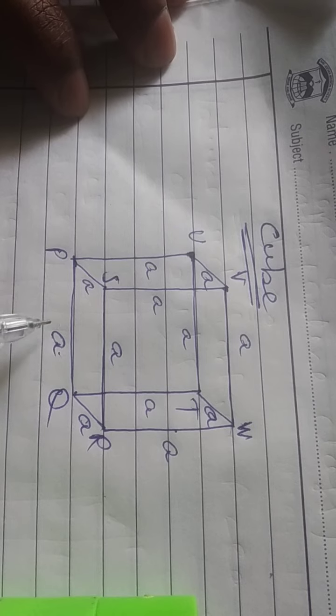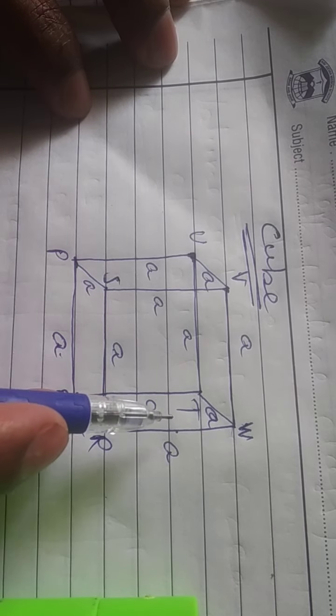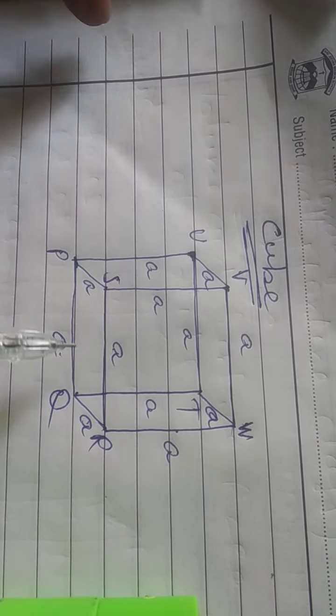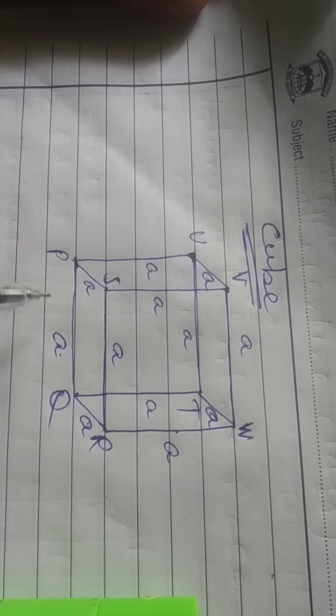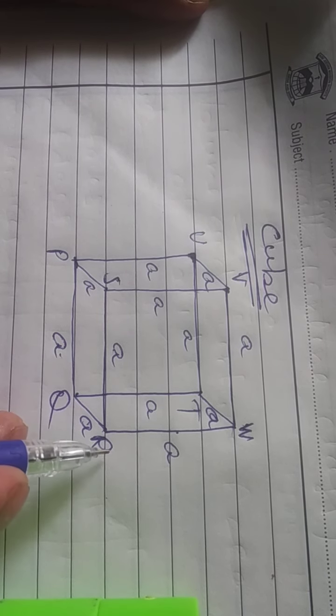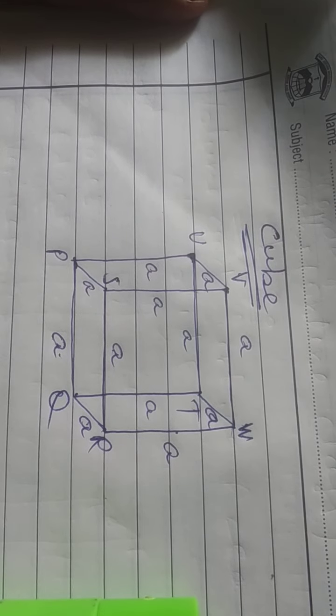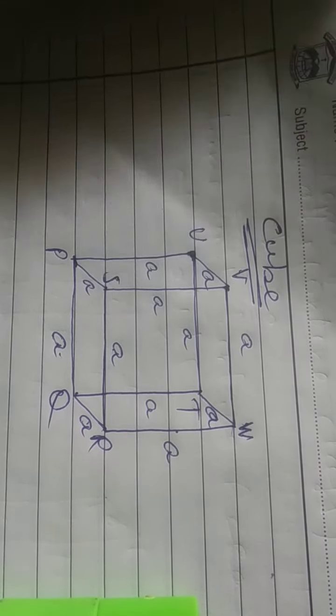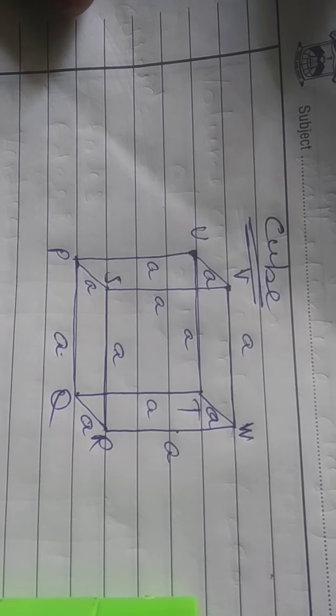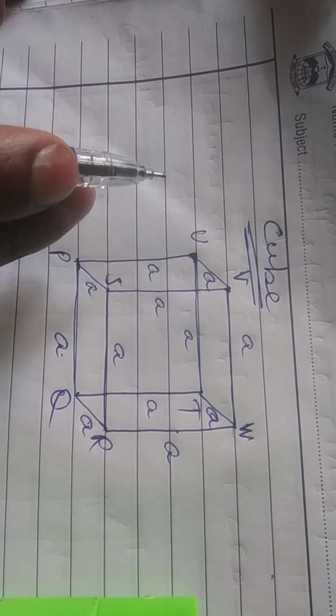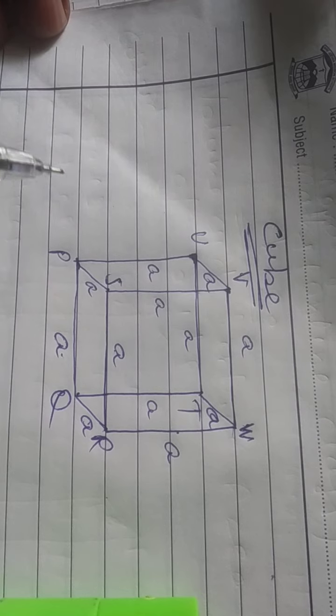We can see that all the dimensions of this cube are equal. Let us consider all the edges to be a. We can easily calculate the different formulas related to the cube.